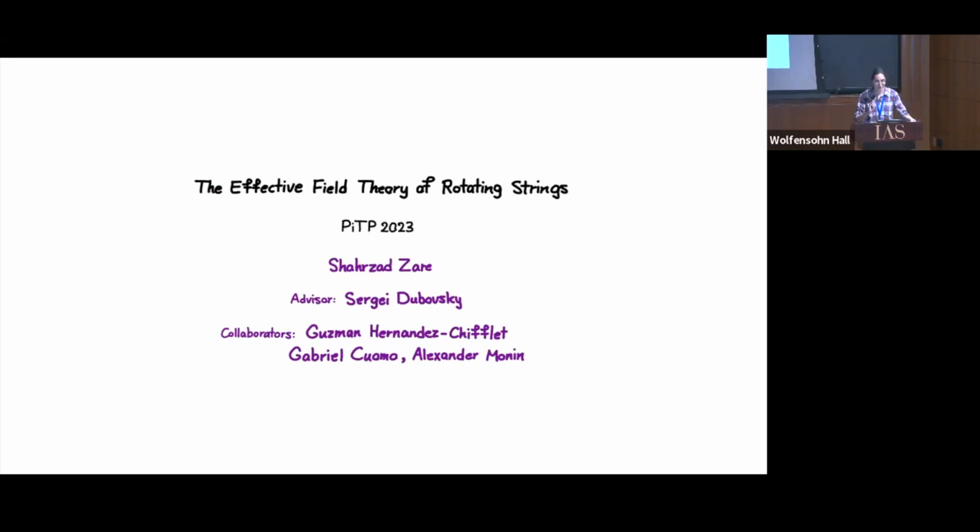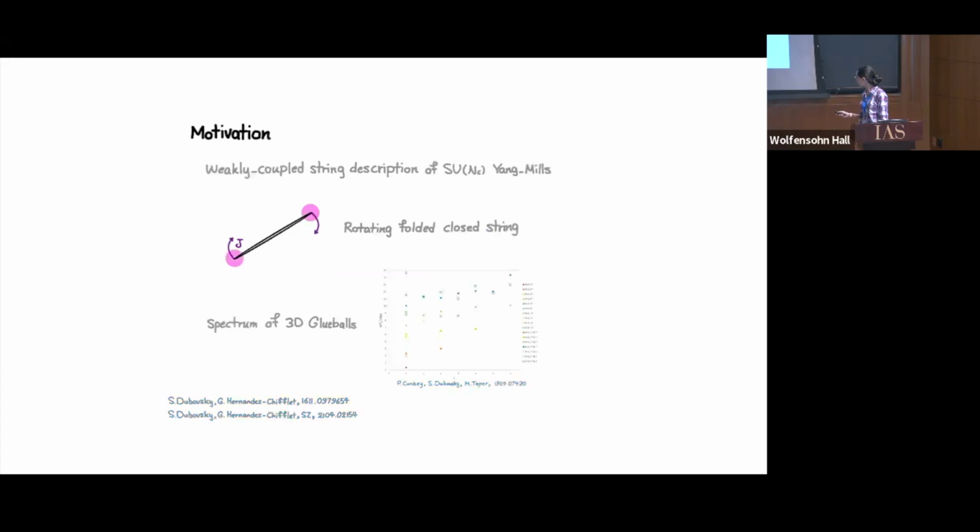Hi, so in these 4 minutes, I will try to summarize part of our ongoing work with Sergei Dubovsky and other collaborators on the effective field theory of rotating strings. Previously, we studied a weakly coupled string description of SU(N) Yang-Mills, which models the glueballs as rotating folded closed strings.